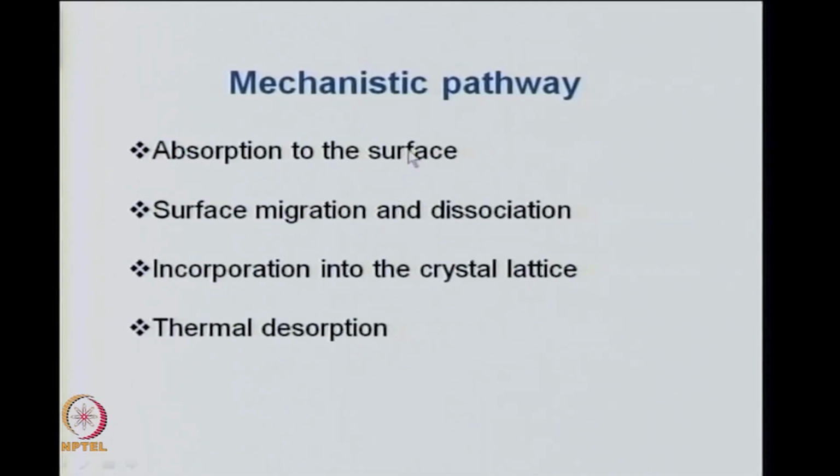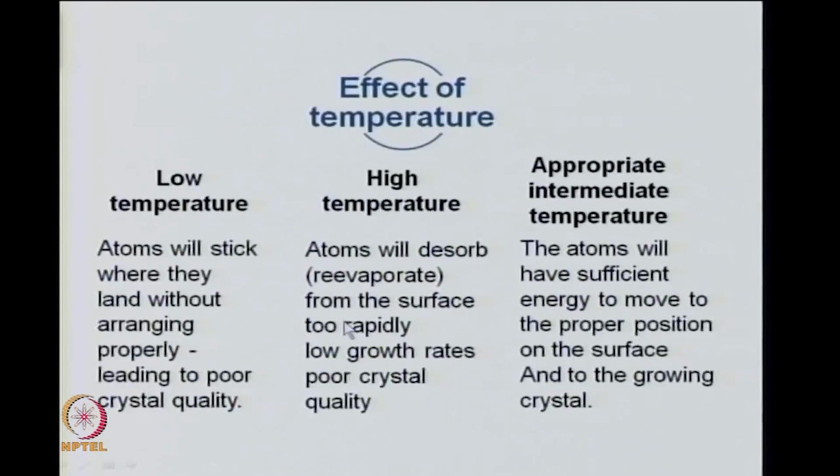So, these are the ways the molecular beam interacts with the surface and the film grows, first adsorbing on the surface and then migrating on the surface, so the atoms move to the right positions and then incorporate themselves into the crystal lattice, and unwanted molecules are thermally desorbed.